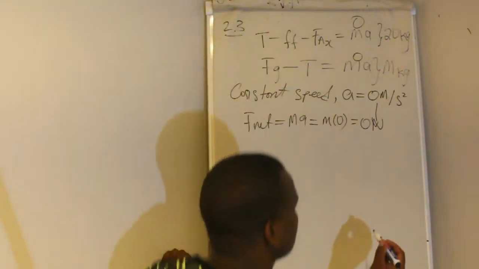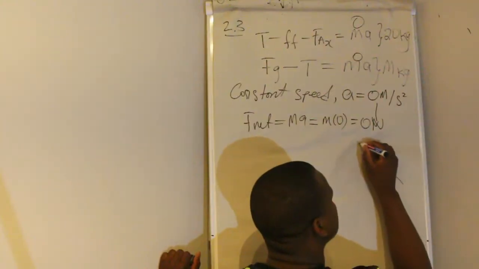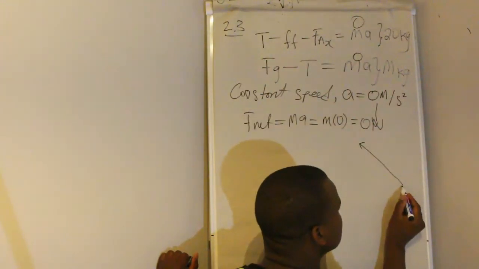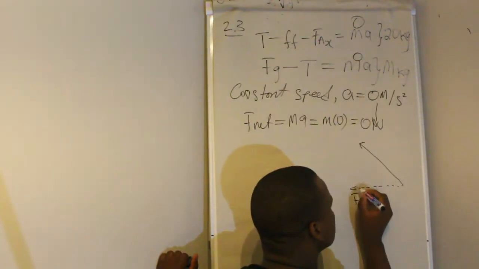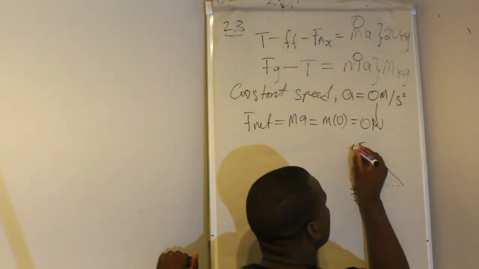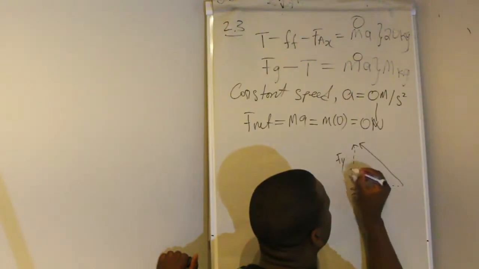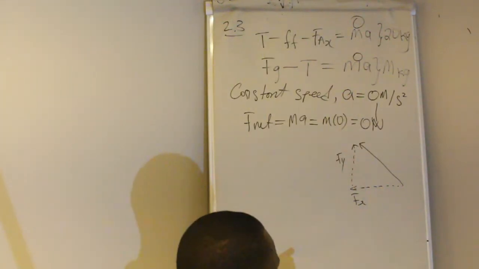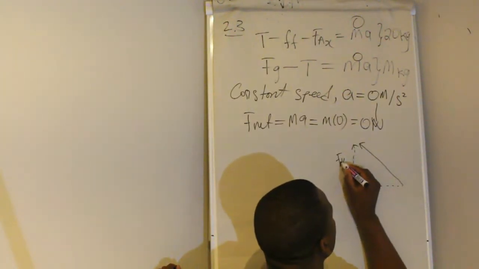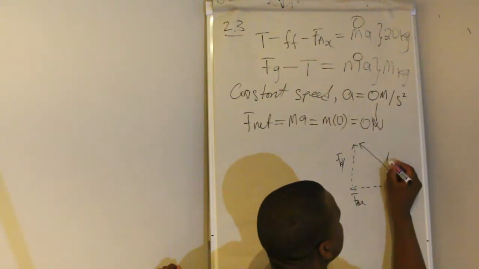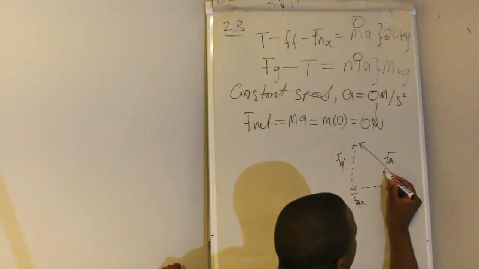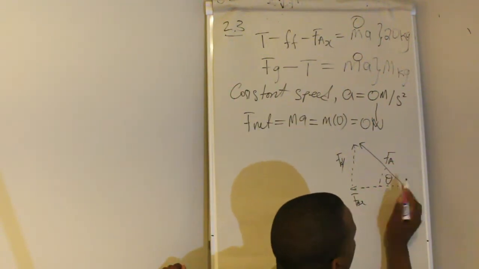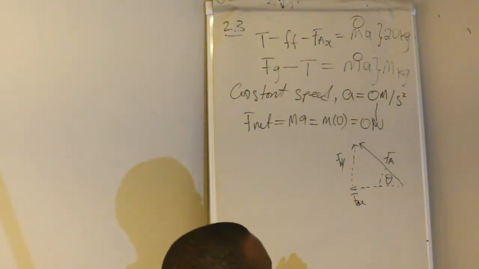So I told you that your applied force, you can split it into this component, which is Fx, and that component, which is Fy. So this is your Fay, Fax, and this is your Fa, your original force. You have your angle here, theta, which is 40 degrees in this question.